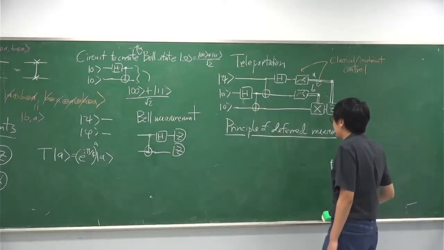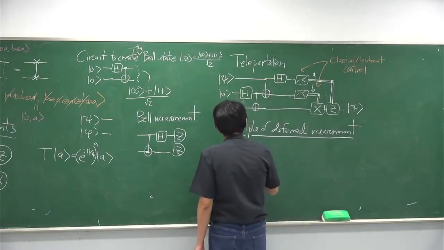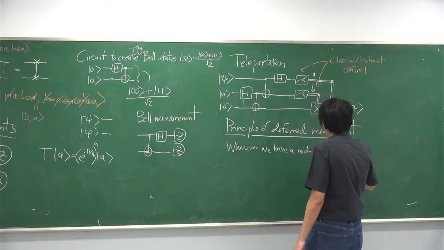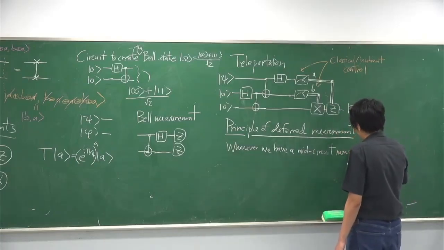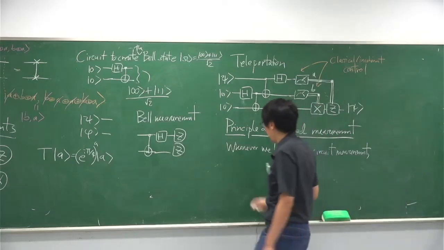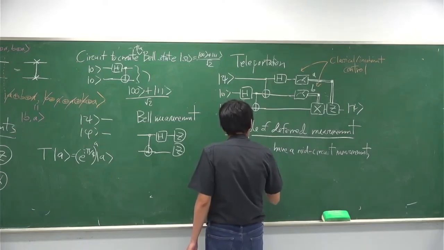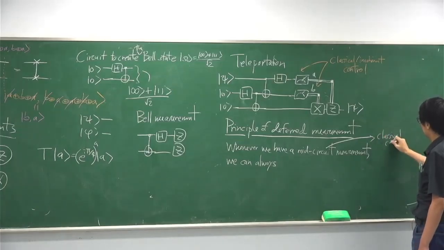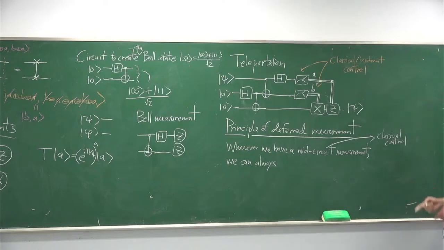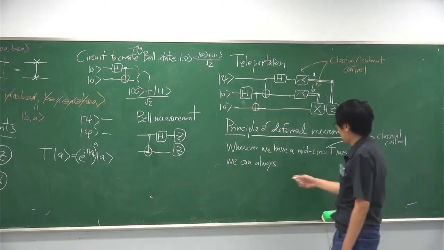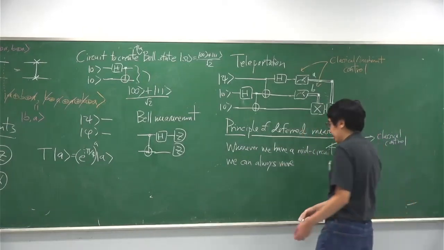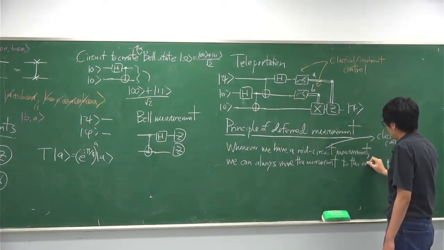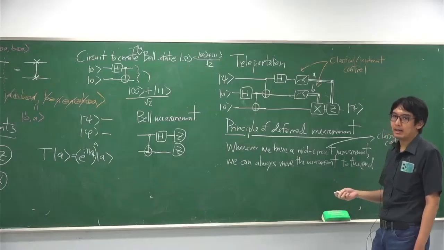The principle of deferred measurement says that whenever we have a measurement in the middle of a circuit, and this measurement can be used to do classical control, for example, to another wire in the circuit, we can always move the measurements to the end of the circuit, and then replace the classical control by just a qubit control line.